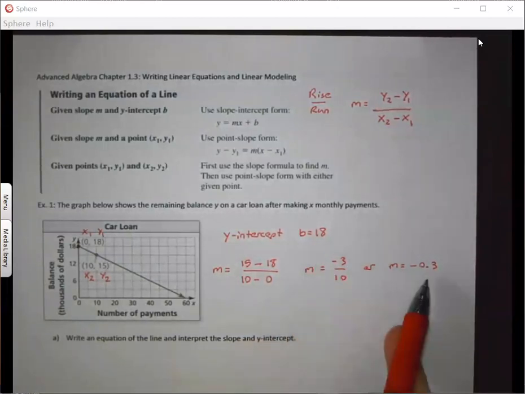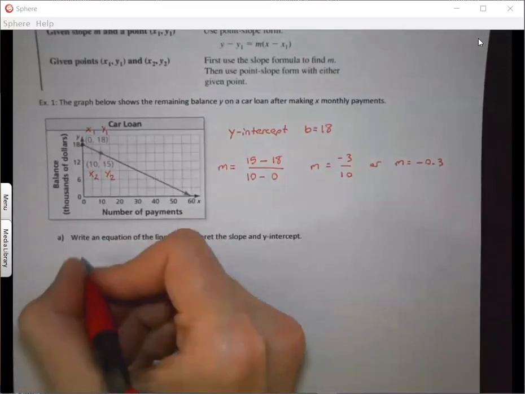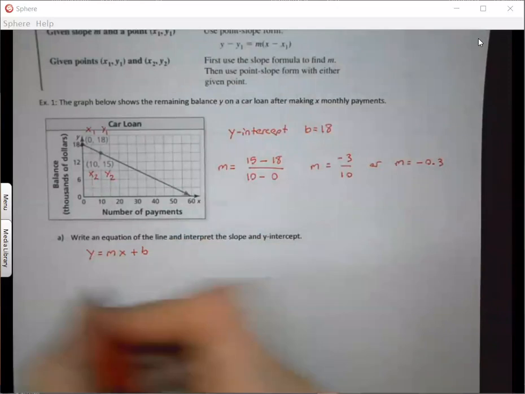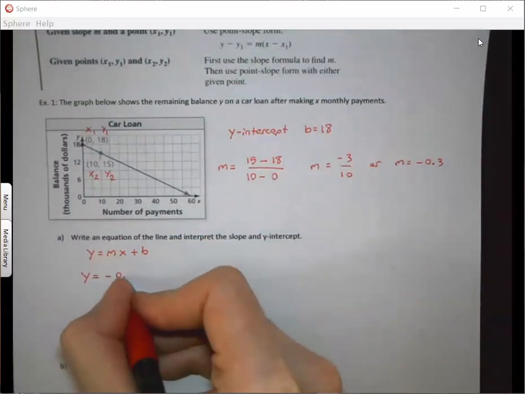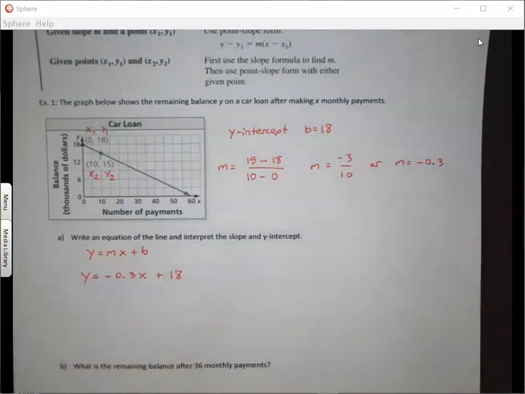Now that we have our y-intercept and slope, we can plug it into our slope-intercept form. Y equals mx plus b. My slope is -3/10. My y-intercept is 18.